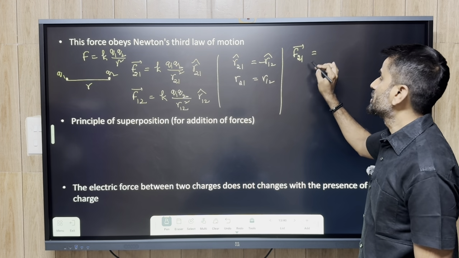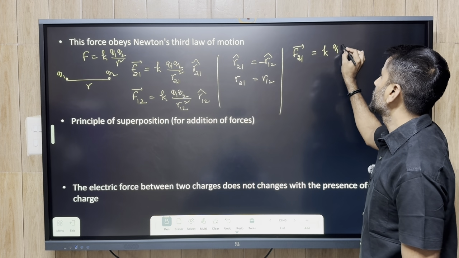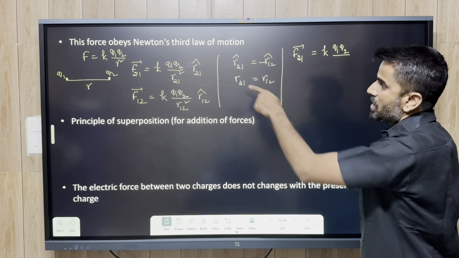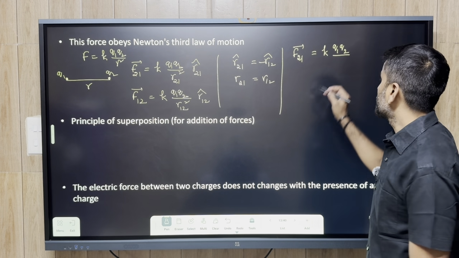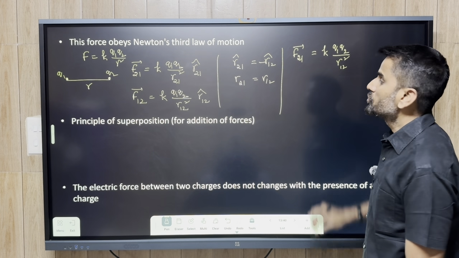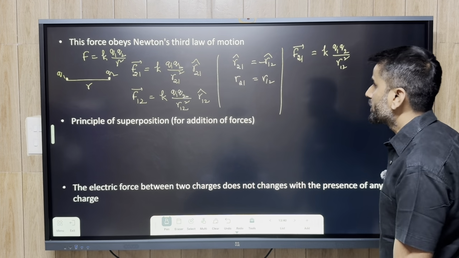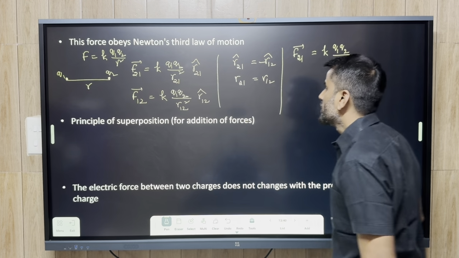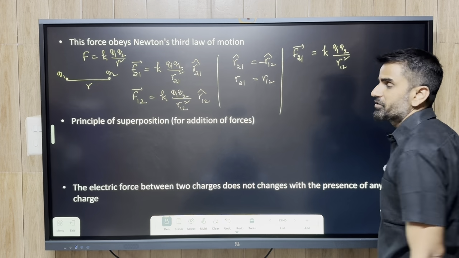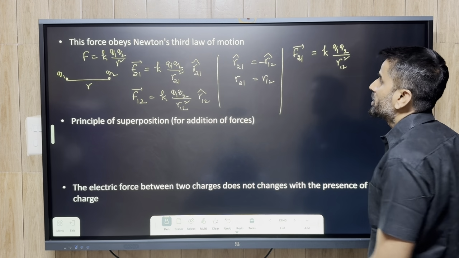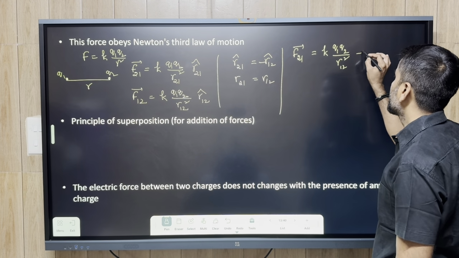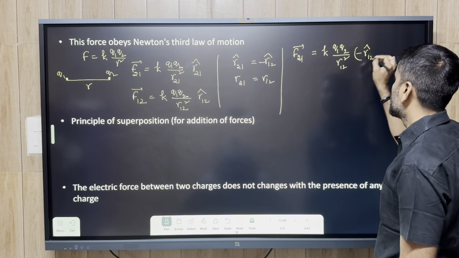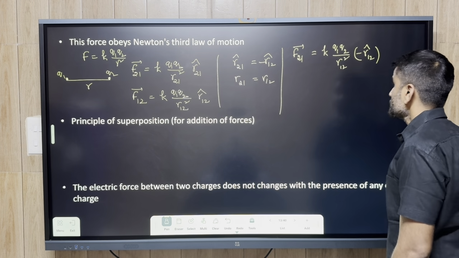F21 vector is equal to k, again the same, Q1 Q2 upon R21, which can be written as R12, square, and R21 unit vector can be written as minus R12 unit vector because it is a vector, whereas distance is a scalar. Scalars I can replace directly without using a negative sign, but in vector notation it is minus R12 unit vector.